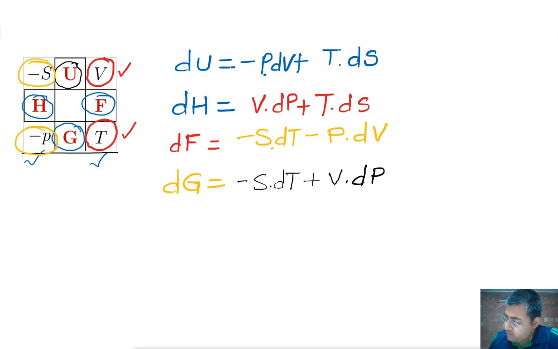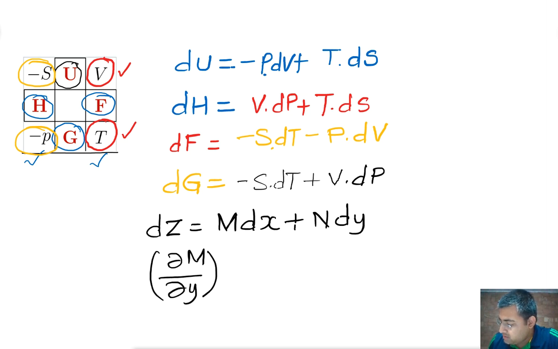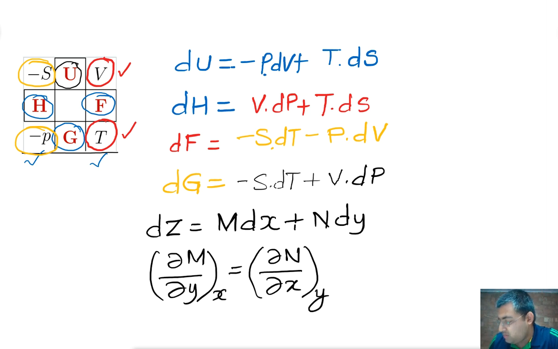So let us say you have something of this sort, dz is equal to m dx plus n dy, and if you are claiming that this equation is an exact differential equation, then in that case dou m by dou y for constant x should be equal to dou n by dou x for constant y.